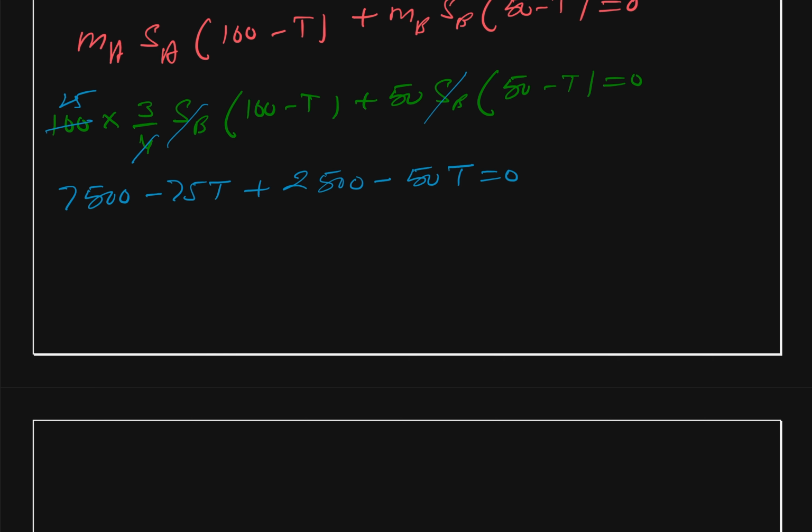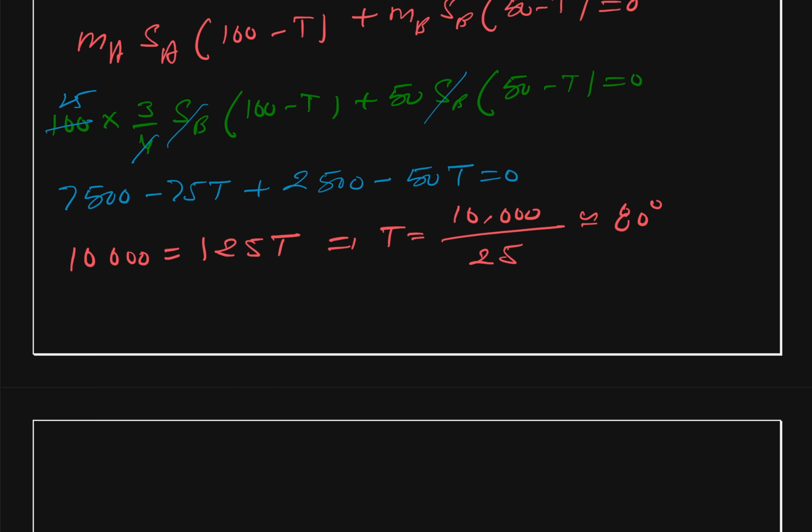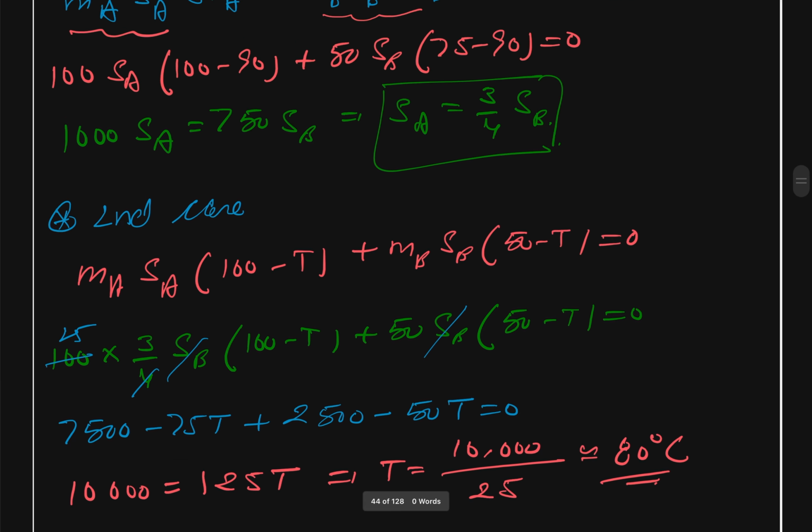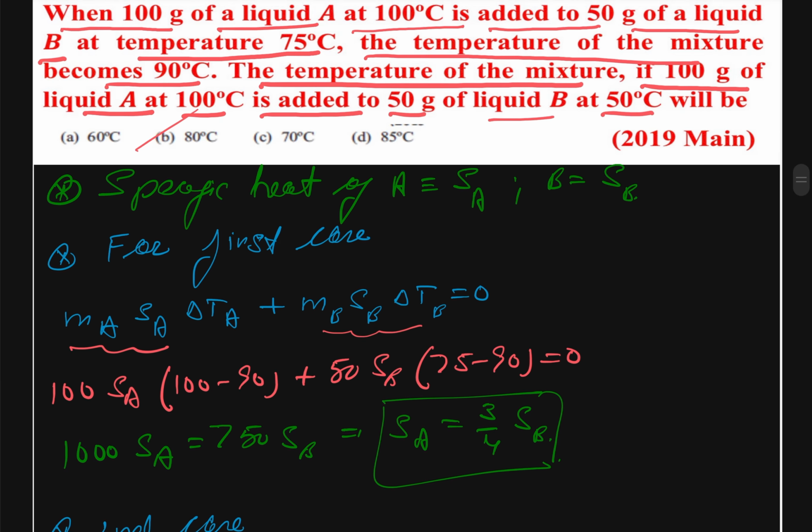So from here we can say that 10,000 is equal to 125 T, which gives us T is equal to 10,000 divided by 125, and this comes as 80 degree centigrade. So option B is correct.